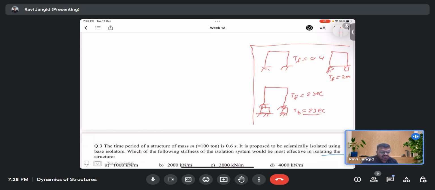In this, the second mode is also not negligible. Let me explain what those points are. In this case, the structure will not behave rigidly as it behaved in the previous case.